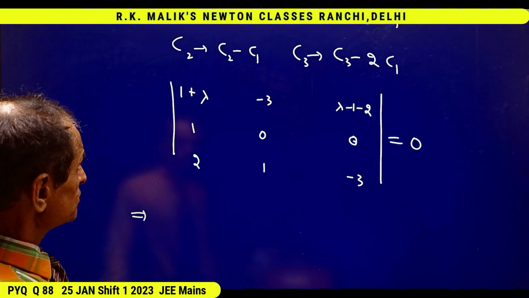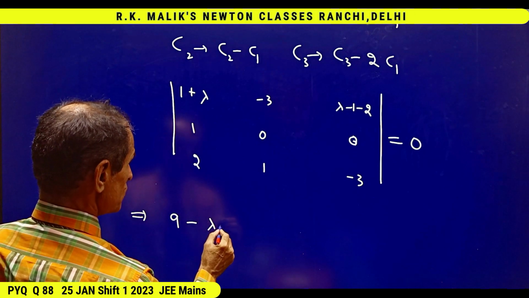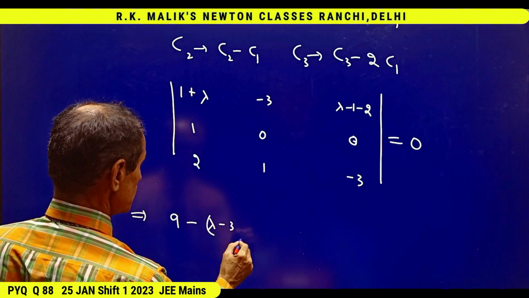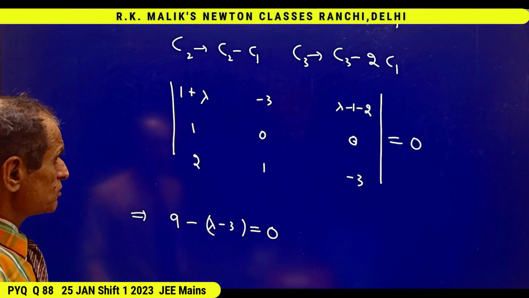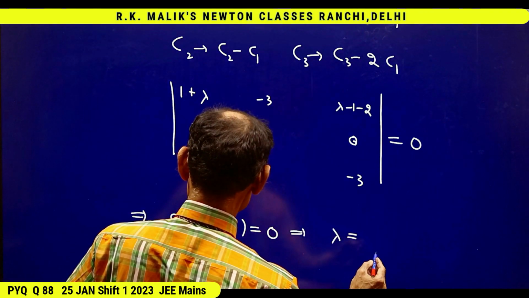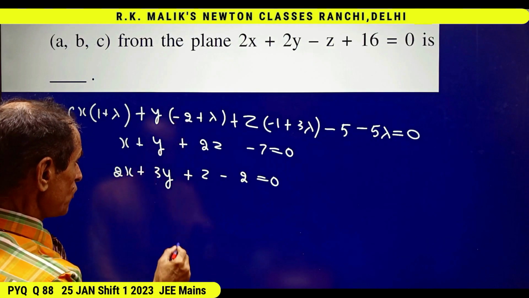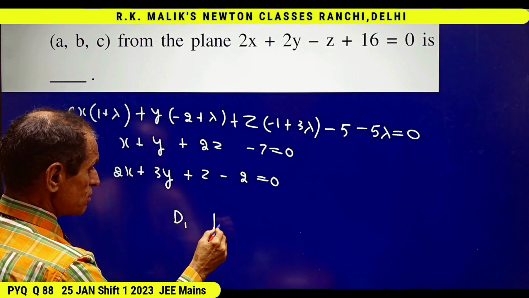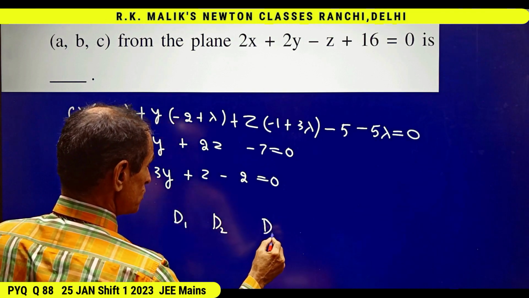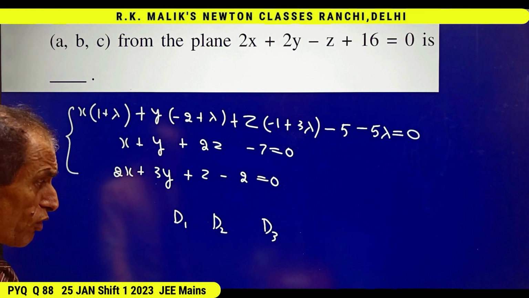This implies that 9 minus lambda minus 3 equal to 0. That is, it means lambda is equal to 12.